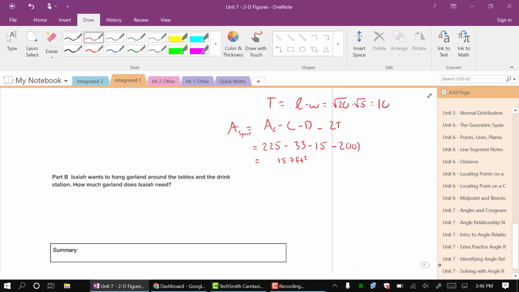Isaiah wants to hang garland around the tables and the drink station. How much garland does Isaiah need? So we know that we have 157 feet squared is what our spot is, times 1 over 15 feet. Or sorry.